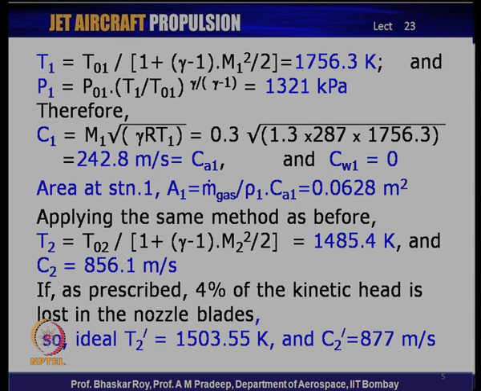Now, this is something we have discussed before in our lecture, that through the nozzle, because of the real flow situation, the actual velocity C2 is often a little less than what could have been the ideal velocity C2 prime. This change from real to ideal quite often happens, because at the end of the nozzle you are trying to achieve a sonic velocity. Sometimes, as in this particular problem, you are trying to achieve a slightly supersonic velocity.